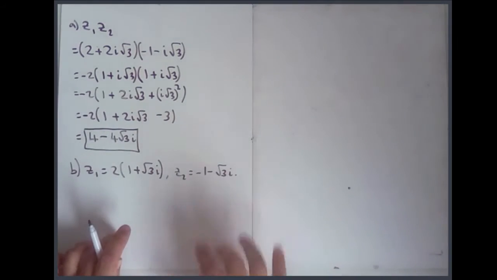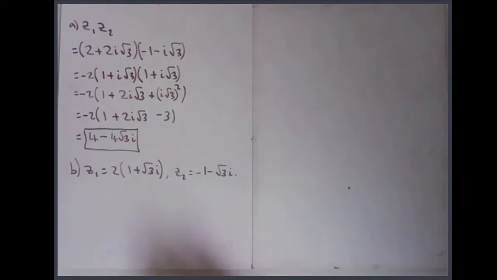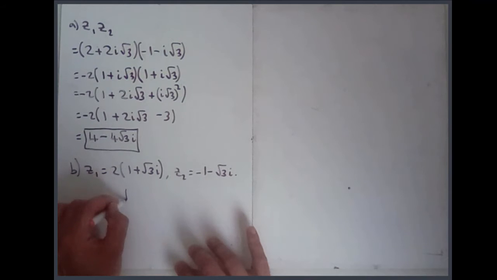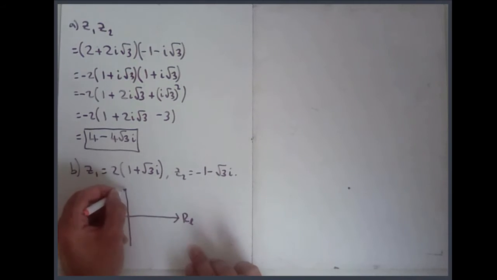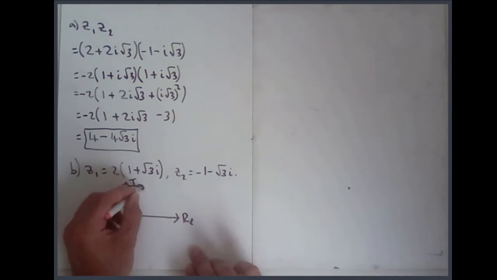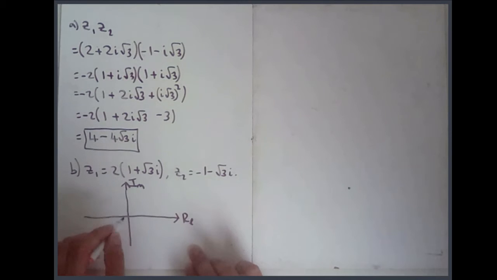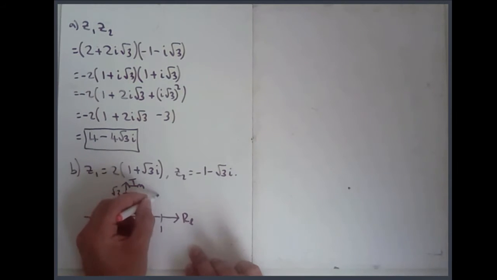Okay, so if we draw a little Argand diagram for both of them, remember that's the real axis and the imaginary axis. 1 plus root 3 i, so the 1's here and the root 3 can be here, somewhere like that. There's your complex number.